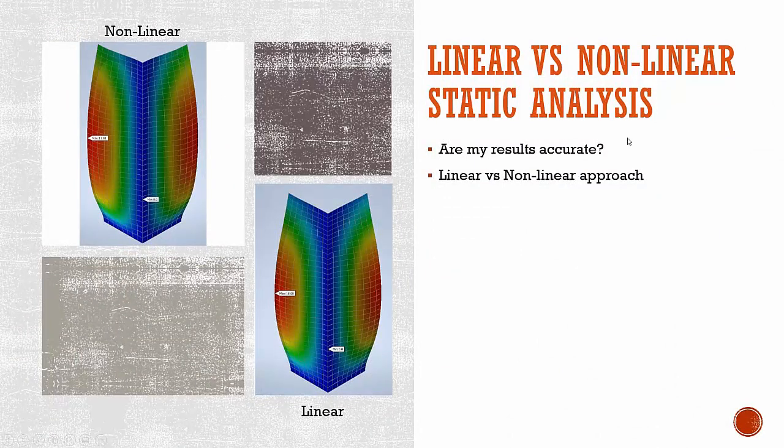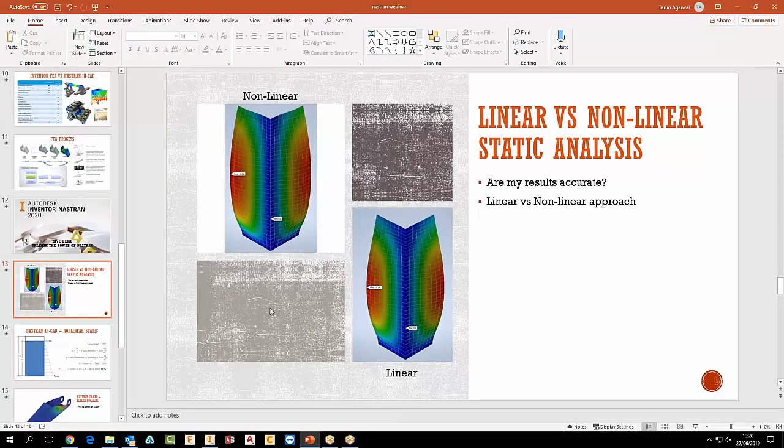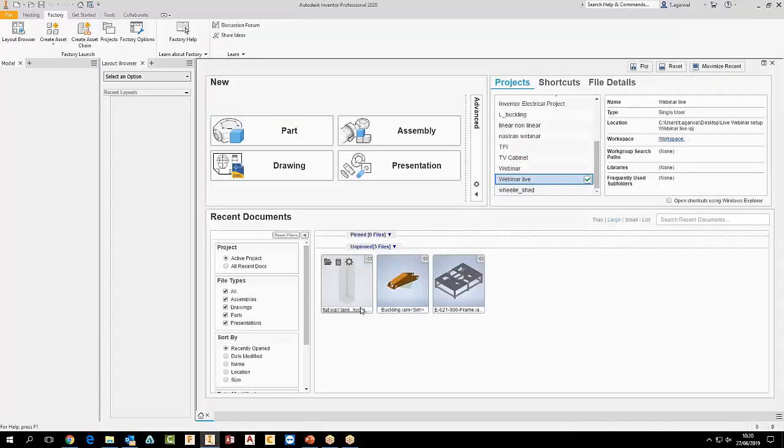I want to compare the results and show you the difference between linear and non-linear static results when we use the same loading conditions and same constraints. I'll show the results using hydrostatic loads because it's a new feature and I want to introduce it to you. Let me switch back to my Inventor part.